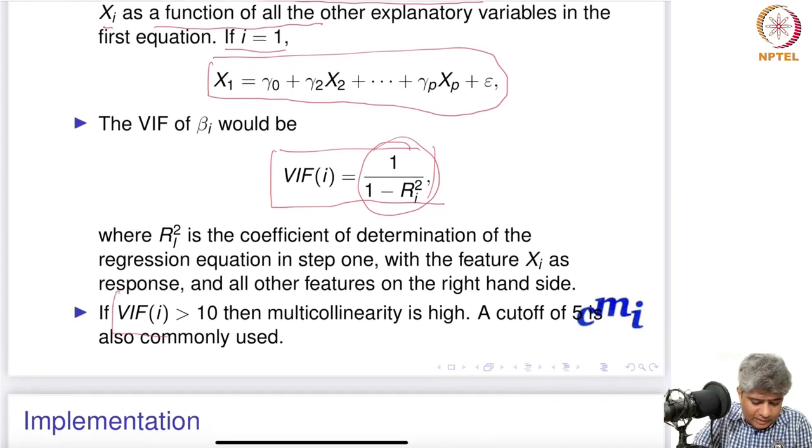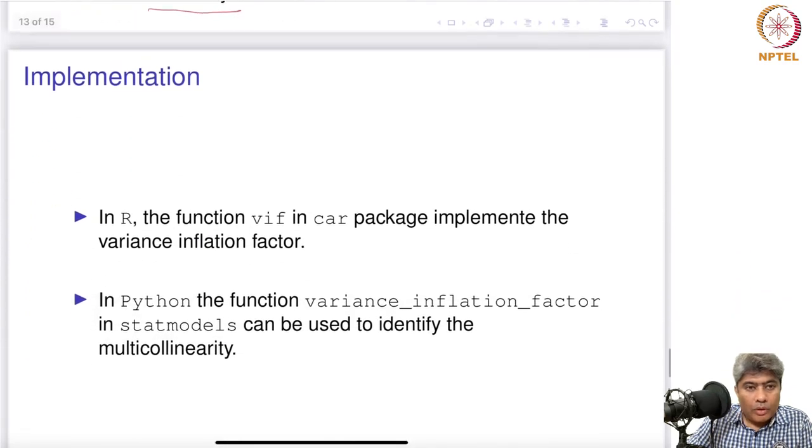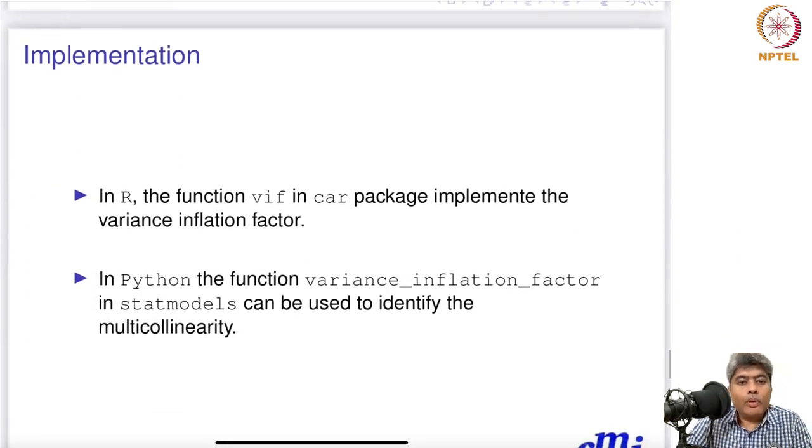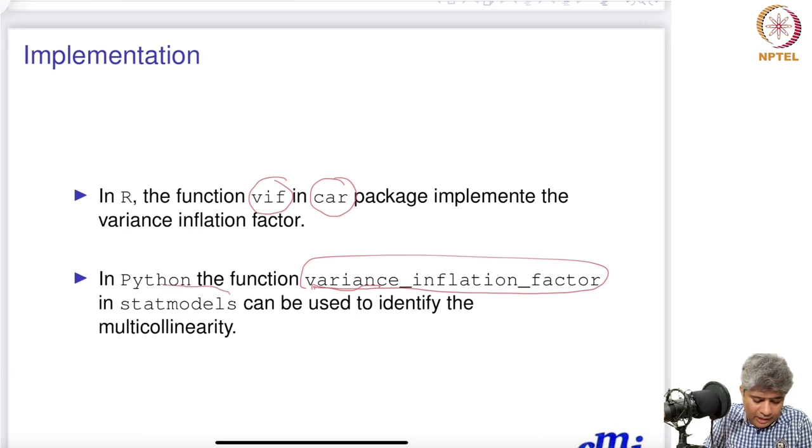If it is greater than 10, you call it multicollinearity. If it is greater than 5, that can also be used. In R, there is a function called vif in the car package which implements the variance inflation factor. In Python, there is a function called variance_inflation_factor in the statsmodels package that can be used to identify multicollinearity.